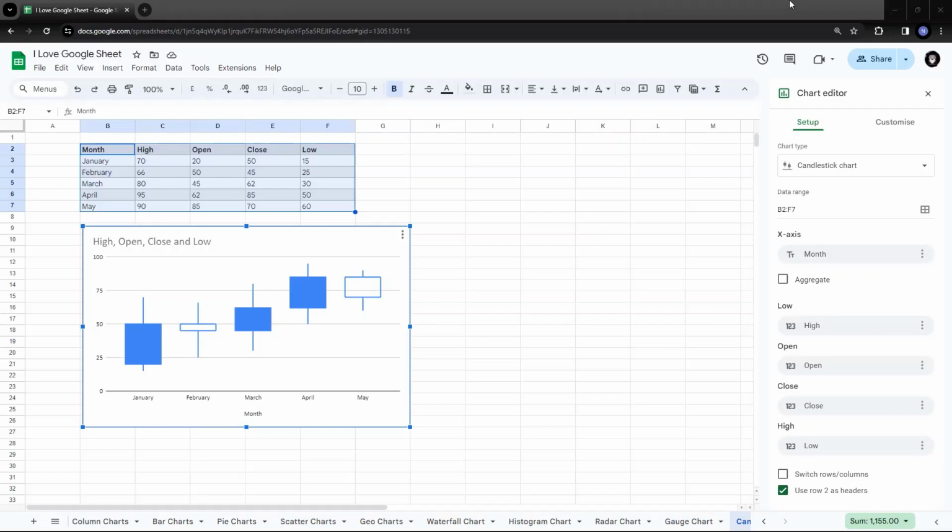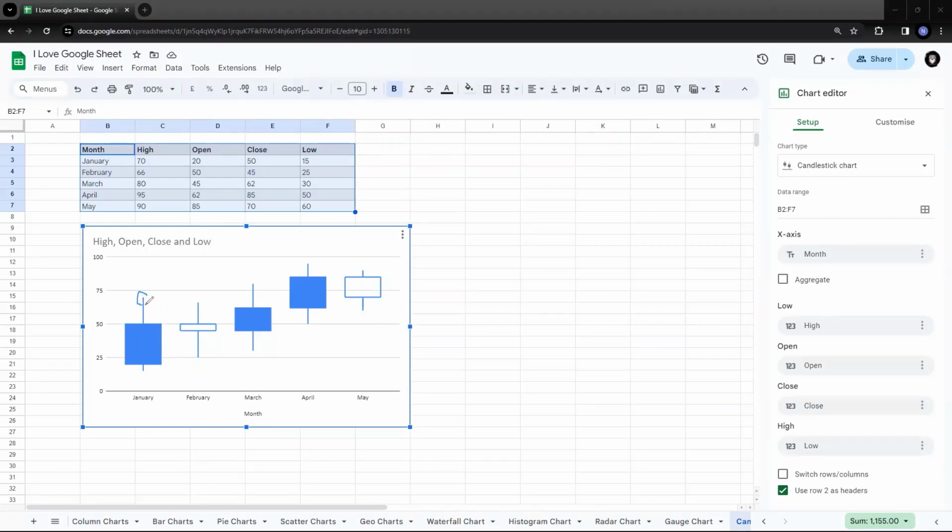Now it looks like a bar chart. It has a similar appearance to a bar chart, but it represents four important pieces of information. So let's start one by one by trying to understand what this information is.